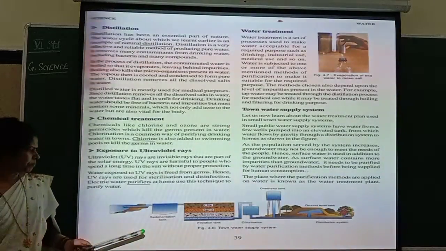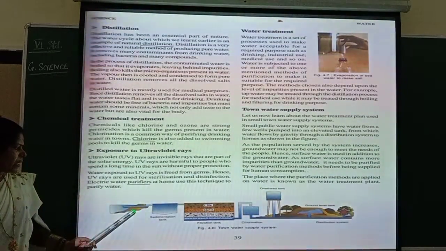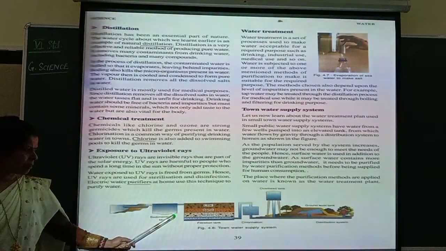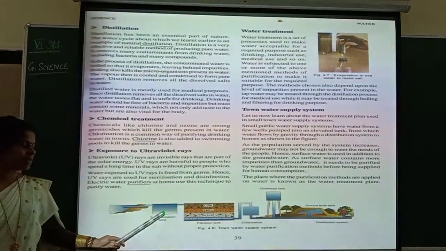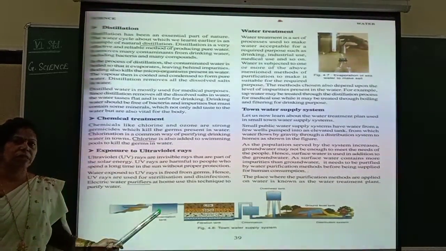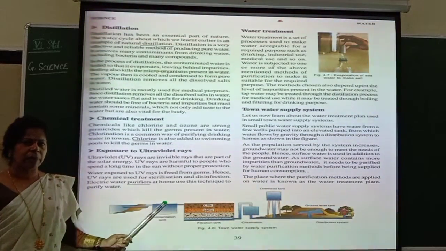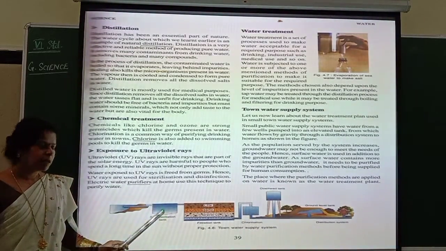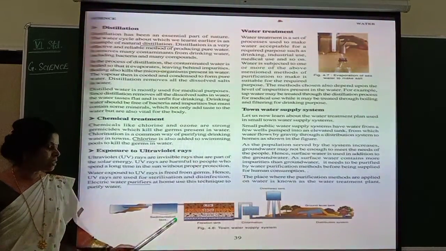So you can see here, the sedimentation tank. Water is going from the water resource to the sedimentation tank. Sedimentation tank means layers of soil, sand, gravels, fine mud and all those things will be there. The water is passed through that, so that is called a sedimentation tank.